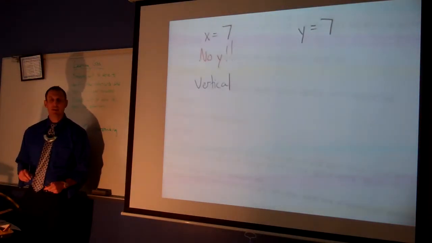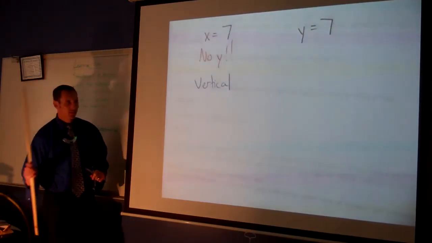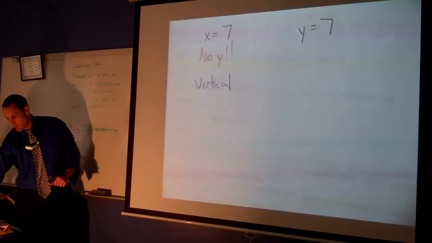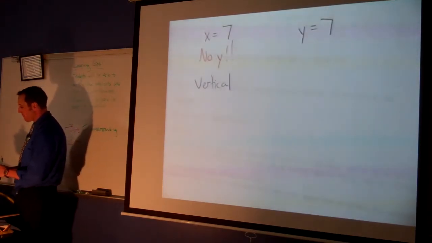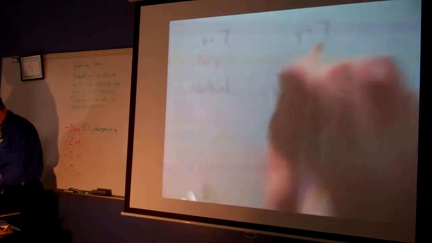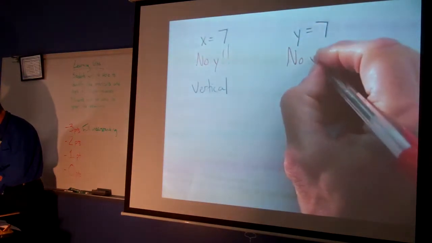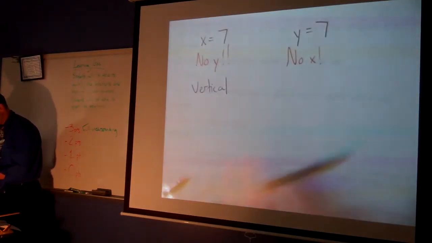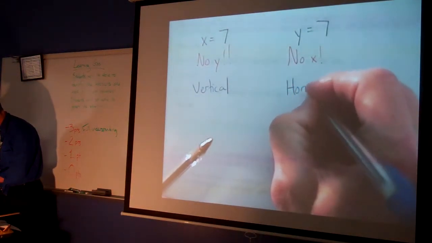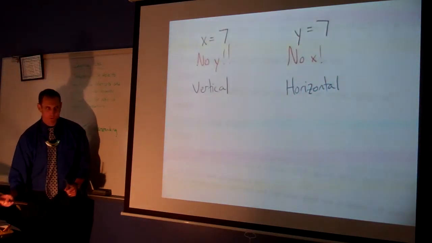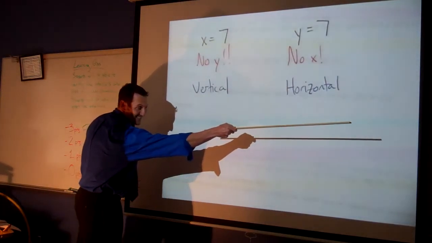Vertical line. Remember, vertical line looks like this. In the second example, y equals 7, there's no x. And if there is no x, there is no x-intercept. And if there's no x-intercept, this is a horizontal line. And if you remember, a horizontal line looks like this.